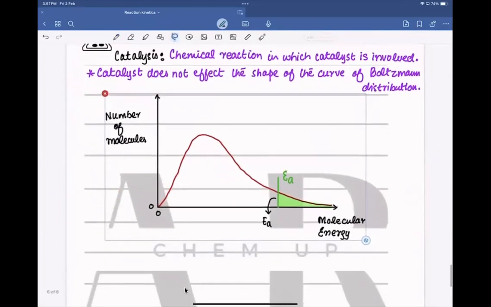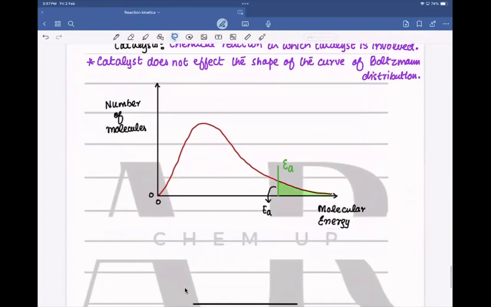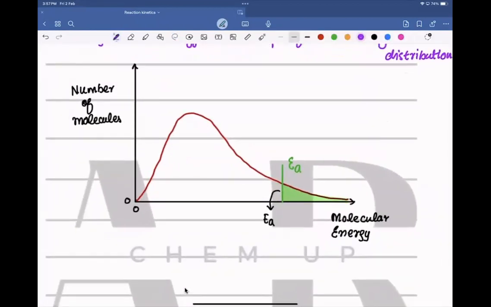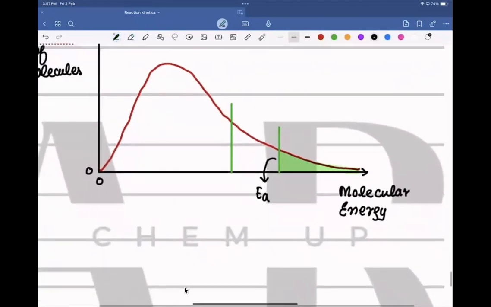So see here we have a Boltzmann distribution curve. What happens when the catalyst is added? Now this is the new activation energy due to the catalyst.